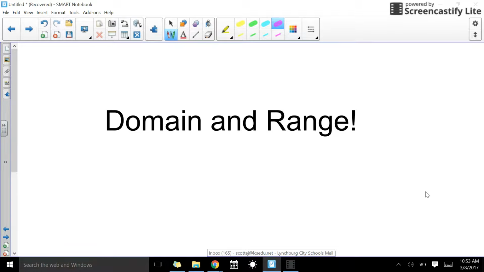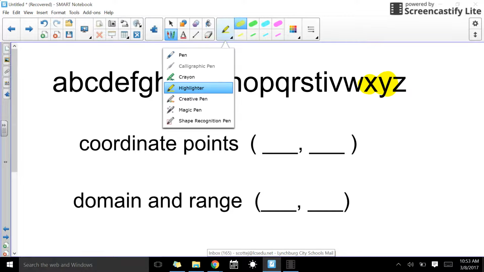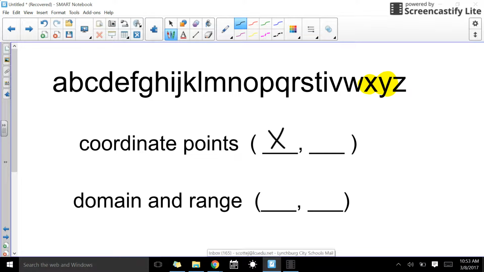Now let's review our domain and range. All right, so we're taking it old school, back to the alphabet. When we're given a set of coordinate points, just like the alphabet, x comes before y, okay? So in our set of coordinate points, we have x and then y.